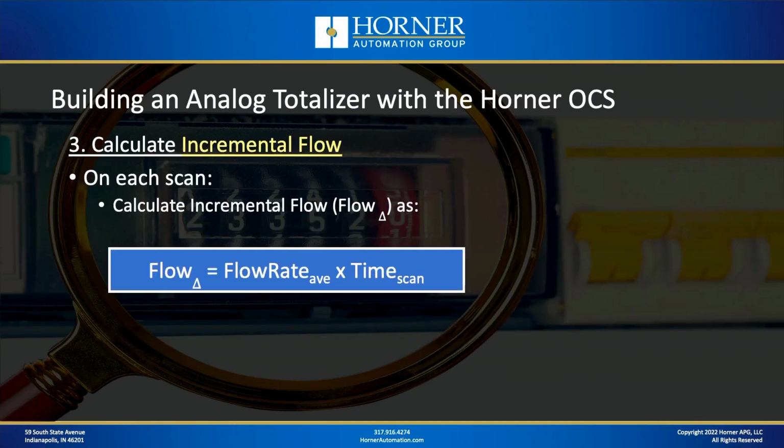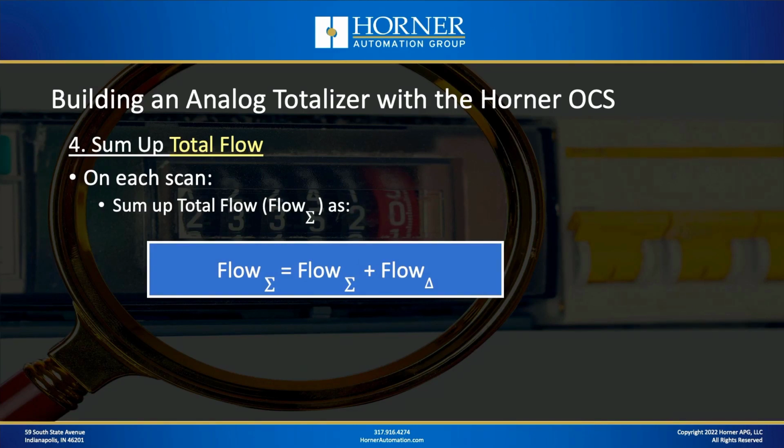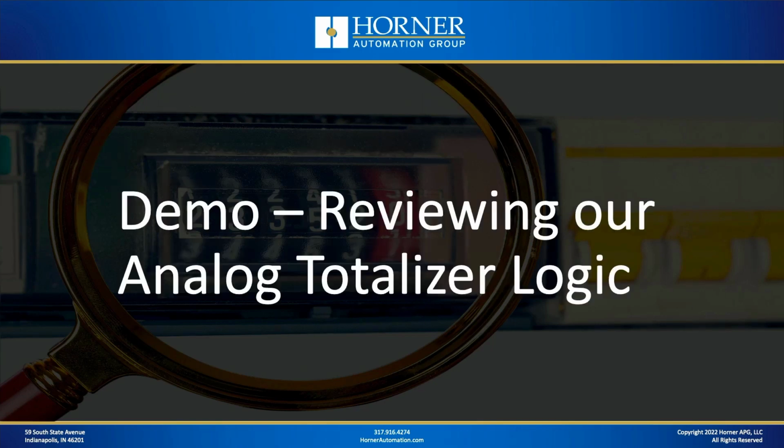Calculating the incremental flow is just the area under the curve of that trapezoid, which is our average flow rate times the scan time that we calculated earlier. That gives us our incremental flow, or the volume of fluid that we have incremented over the past scan. Next it's just a matter of adding the incremental flow to an accumulator and keeping track of our total flow. That's really what's involved in our application.